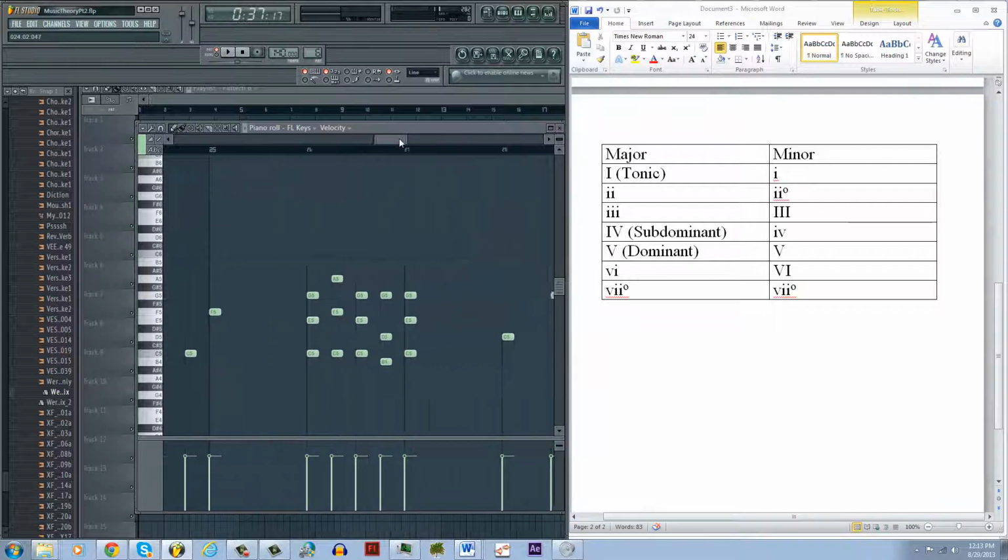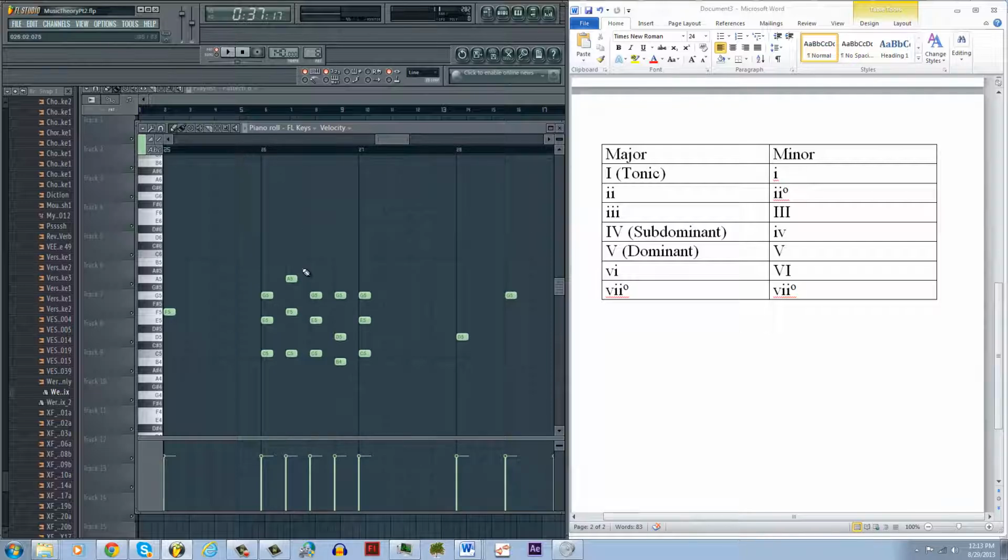I go from 1 to 4, back to 1 to 5, and back to 1 again. And like before, I kept the common tones in the same position relative to the other notes.